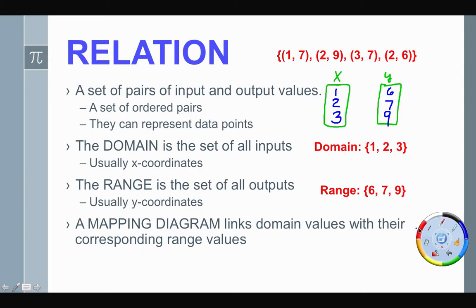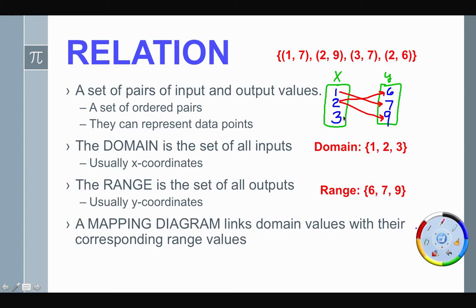And then what the mapping diagram does is it maps each of the domain values onto the range values. So 1 maps onto 7, and that's actually one of the things we say in math. We say something maps onto something else. So 1 maps onto 7. 2, you notice, maps onto 9, and it maps onto 6.